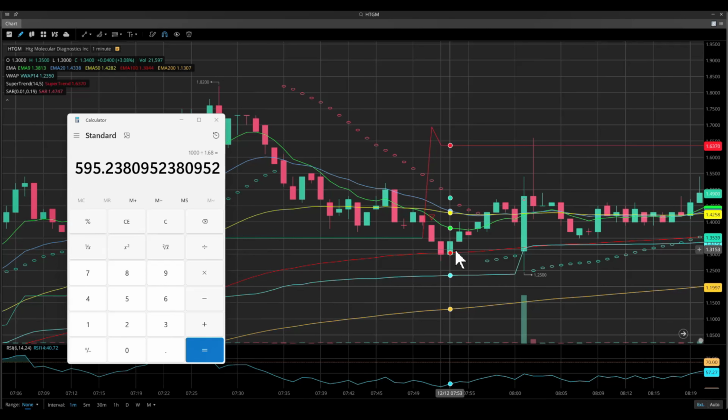And since we chose $1,000 as an example, we are going to buy $3,000 more at $1.35. So 3,000 divided by 1.35 is 2,222 more shares.